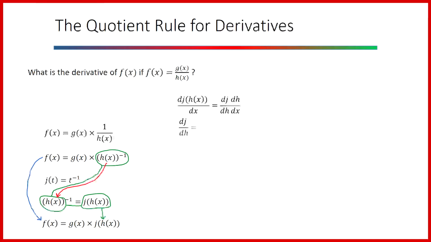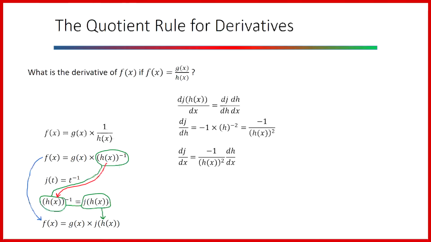So that means dj/dh equals negative 1 times h to the negative 2, which equals negative 1 over h squared. And of course, h is a function of x, so we have h(x) in there. And then the chain rule tells us that the derivative of j with respect to x is simply negative 1 divided by h squared times the derivative of h with respect to x.